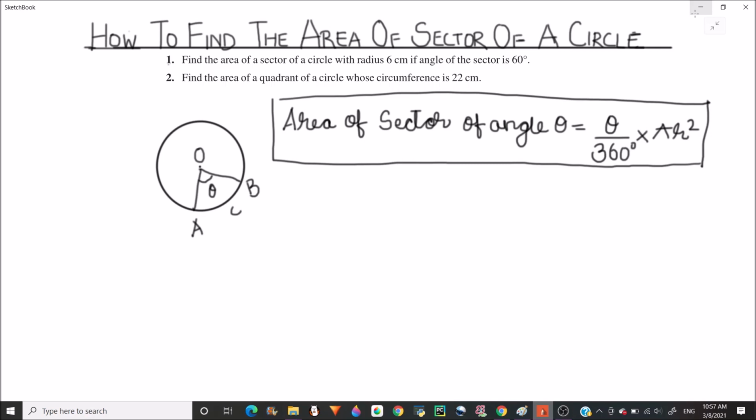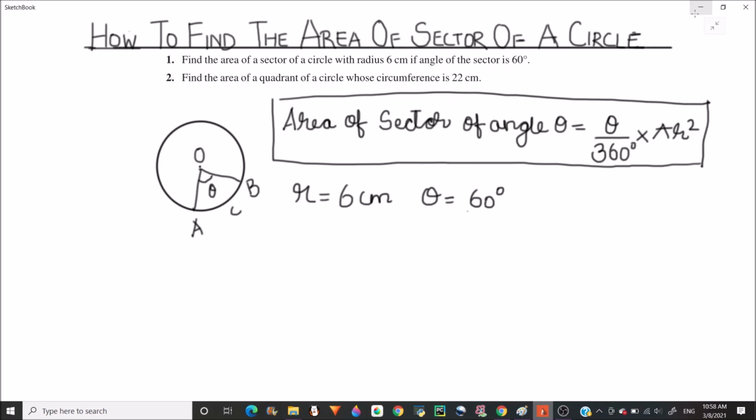So in our first question, find the area of a sector of a circle with radius 6 centimeters if angle of the sector is 60 degree. So we have been given radius as 6 centimeter and angle theta is given as 60 degree.